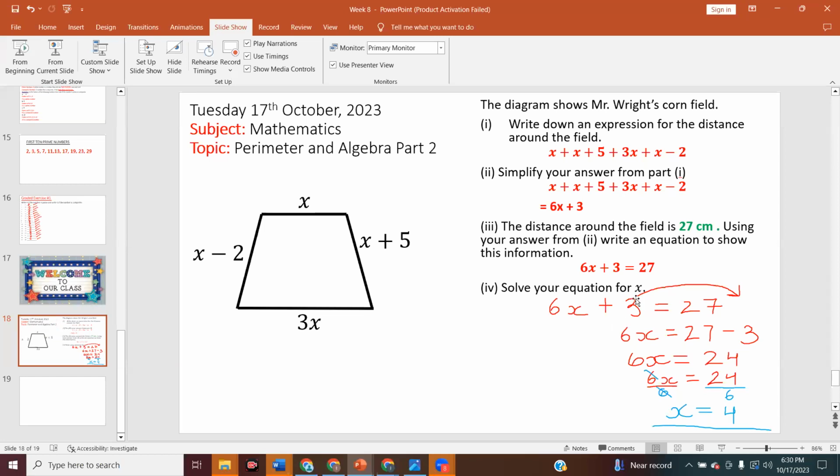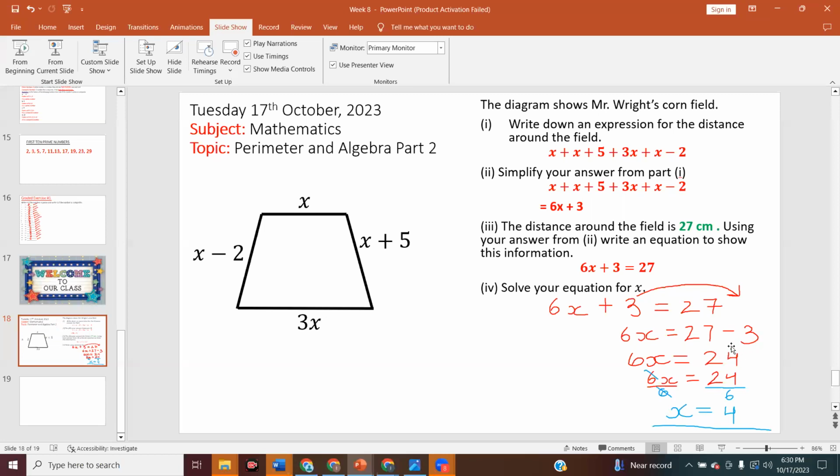The first thing we do, send the 3 over the equal sign. The 3 was positive, right? It was positive 3. Now, because it was positive 3, when we send over the equal sign, it becomes negative 3. Very good. And then what do we do at this point? 27 minus 3.